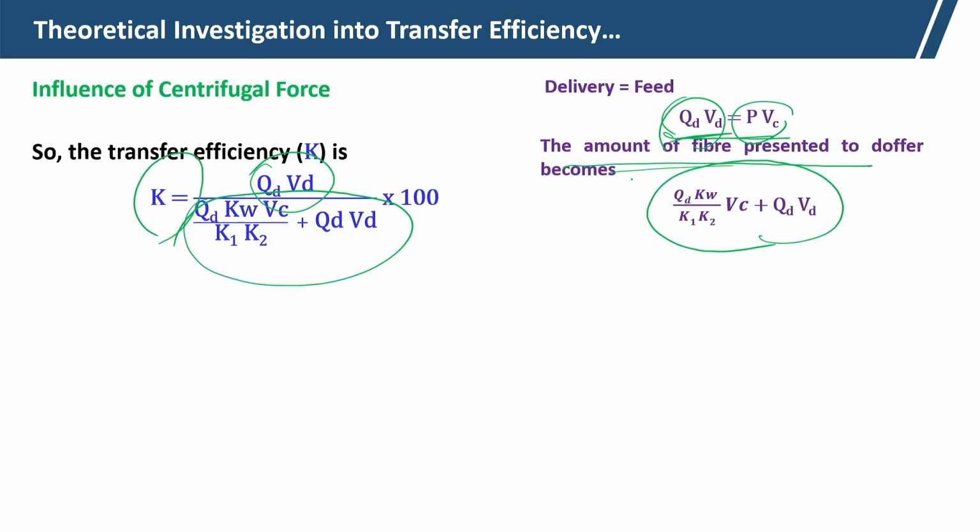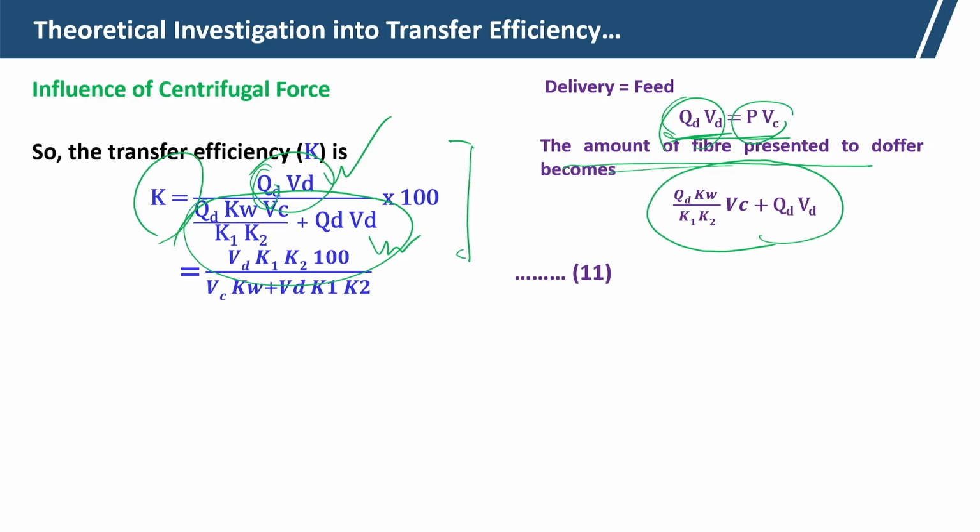So, that is the material transferred to the doffer, and this is the material presented to the doffer. So, that is the overall transfer efficiency when we take into consideration all the factors. That is the inclination, that is K1, K2, KWD and the QD, QC. So, everything is actually taken into account.